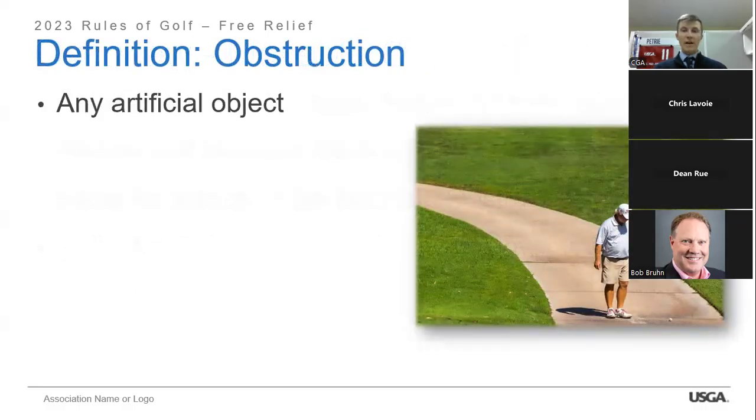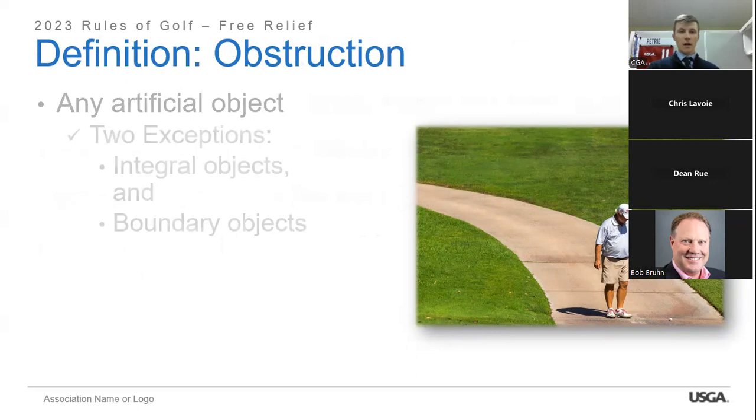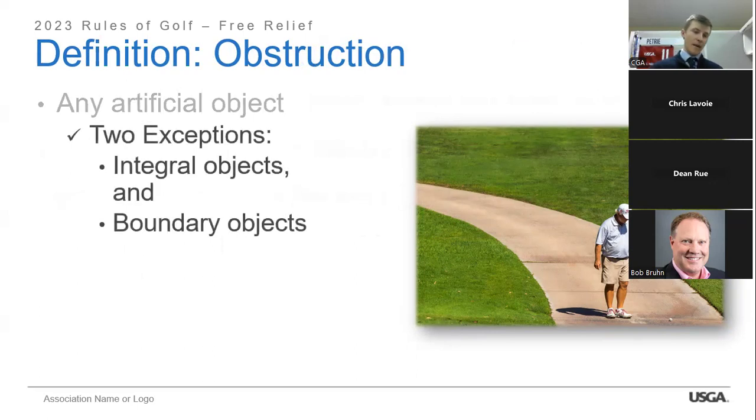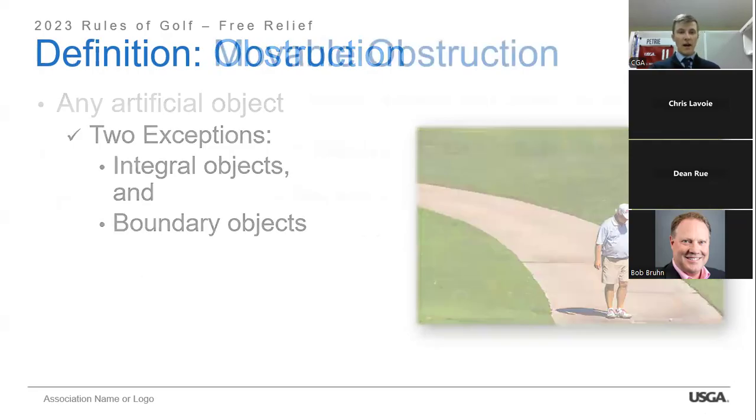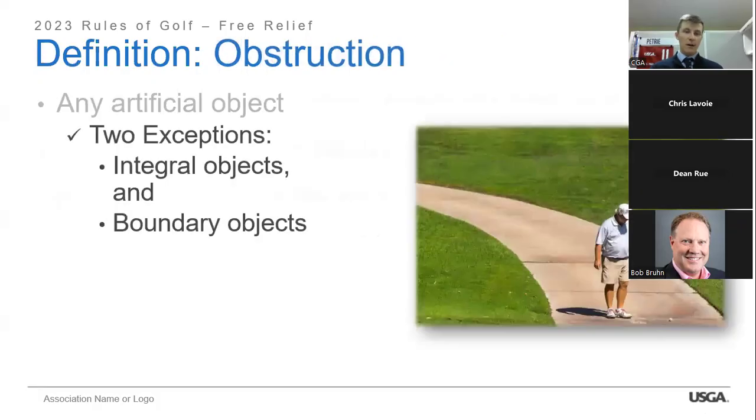So, any artificial object is an obstruction. That being said, we have our boundary objects. Those are the fences, stakes, any objects being used to define the edge and the boundary of the golf course. The committee can define those. We also have integral objects. Integral objects are basically obstructions that are intended to be a part of the challenge of playing the course.